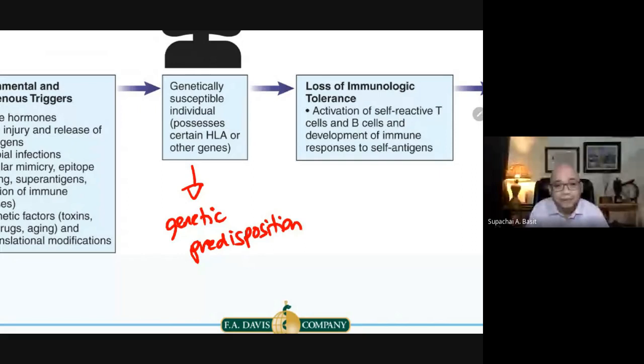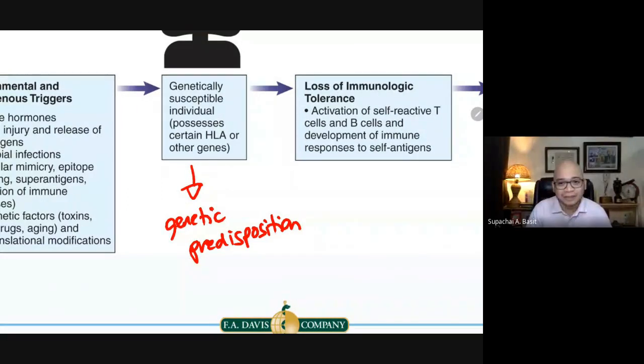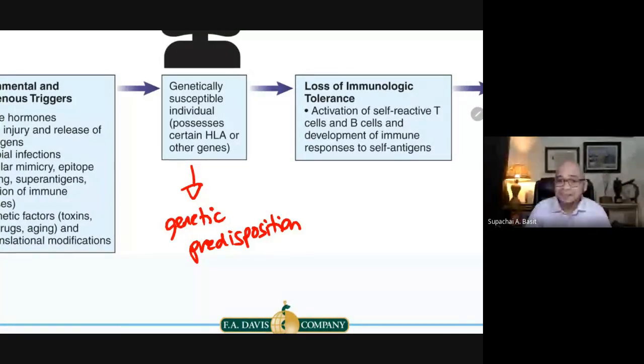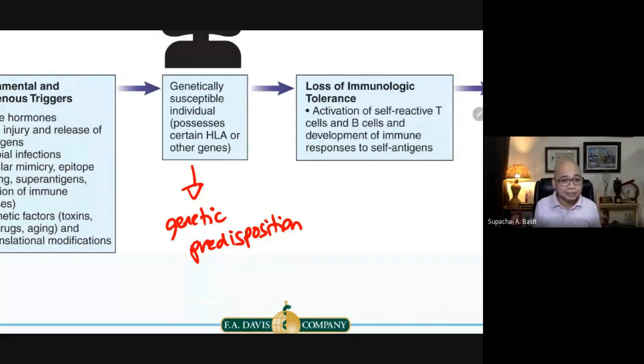Genetic predisposition means that specific HLA type can determine the effectiveness of antigen presentation, and non-MHC genes influence the development and regulation of immune response.